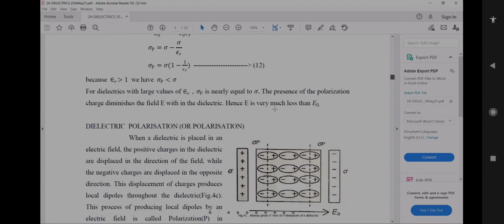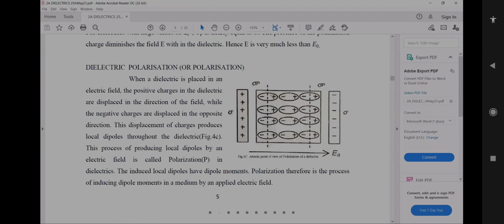Look here. Suppose this is a molecule, so in the molecule these charges get separated. Due to the application of the electric field, the negative charge gets attracted by the positive charges on the capacitor plates, and positive charges get attracted towards the negative charges on the capacitor plates. Okay, the positive and negative charges get separated. So due to the separation, a dipole arises and a net dipole moment is present in the material.